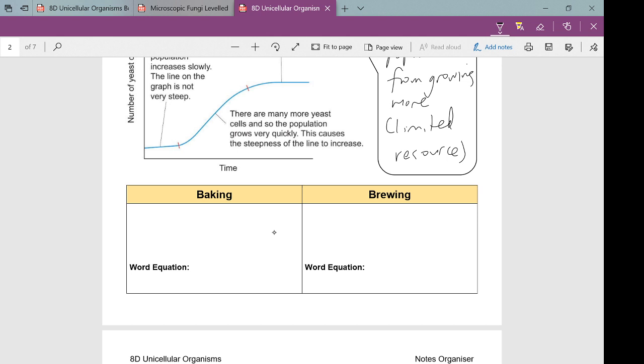that happen. So for example, with baking, if we expose yeast to oxygen, they start doing aerobic respiration.